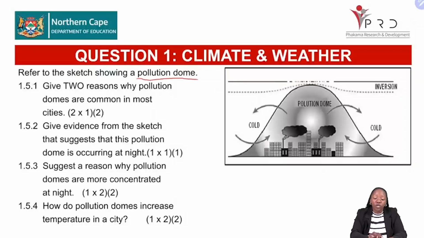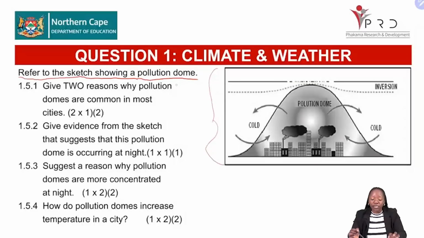Remember, we said you need to read the instructions. So not only the instructions on page 2, but each and every figure has instructions. So you are told to refer to the sketch, which is this one, showing a pollution dome. Before you even read the questions, you're now aware that the questions are based on a pollution dome.